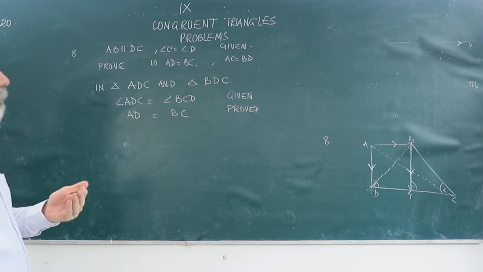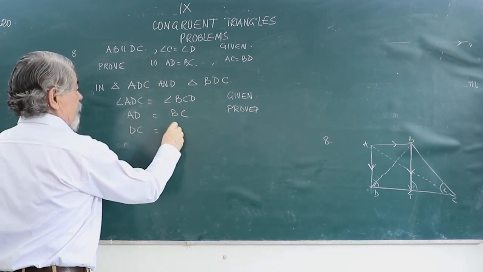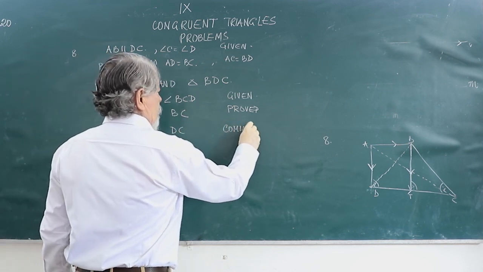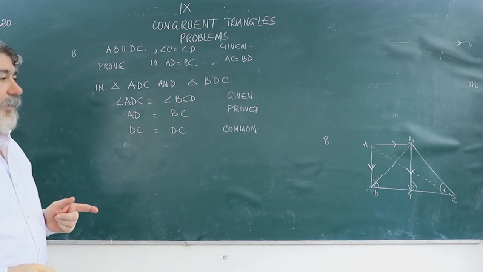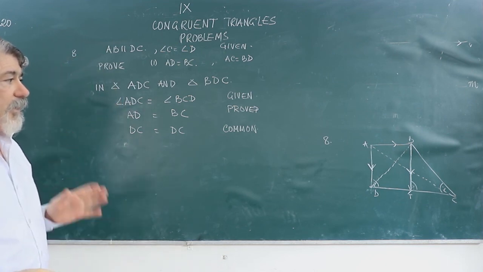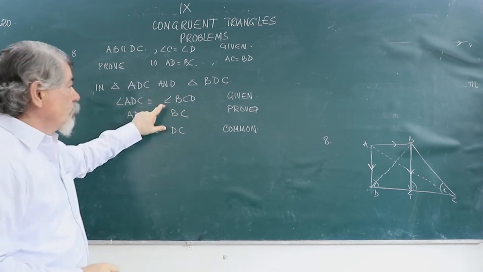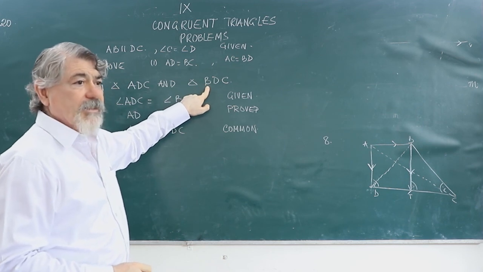And DC is common. So two sides and the included angle of the triangle ADC are equal to two sides and the included angle of the triangle BDC.